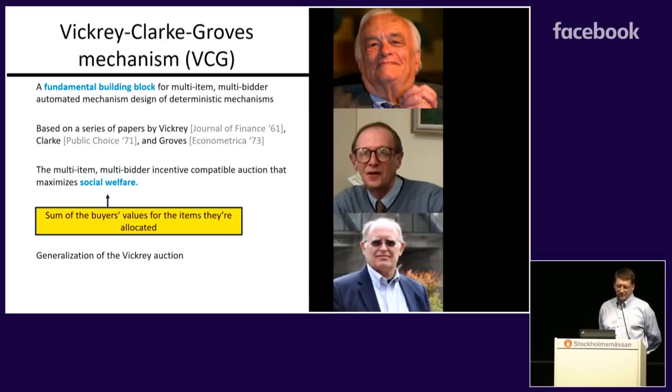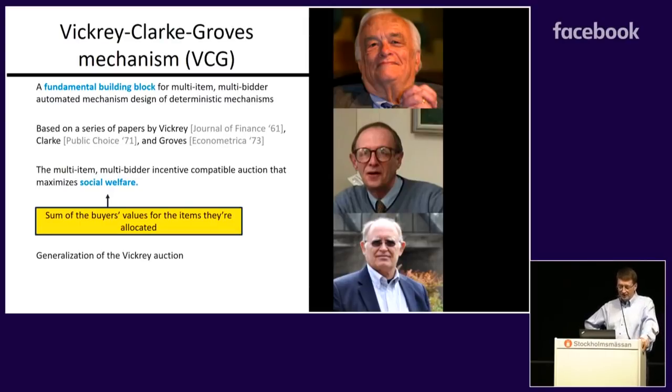So the VCG mechanism, which was designed manually, is a multi-item, multi-bidder incentive-compatible auction that maximizes social welfare. It's incentive-compatible in the ex-post sense, in that even in hindsight, if I knew exactly what the other bidders bid, I'm still better off telling the truth. And it's also ex-post individually rational, in that even in hindsight, I can't regret having participated. In particular, if I win nothing, I pay nothing.